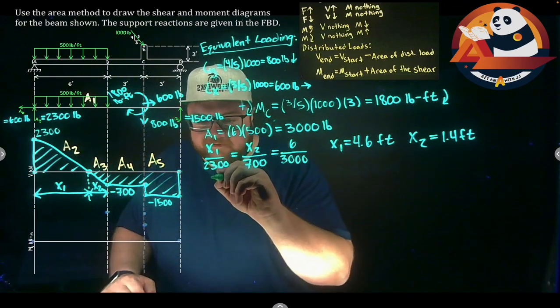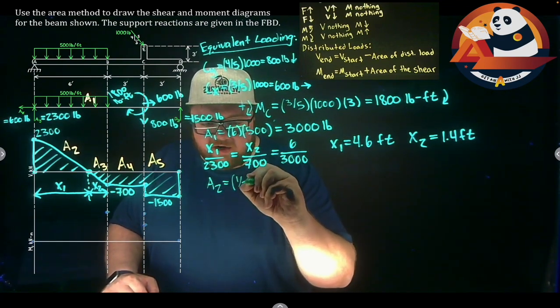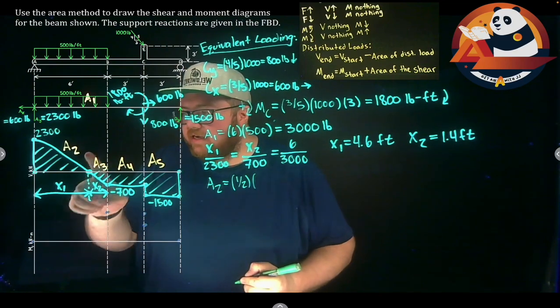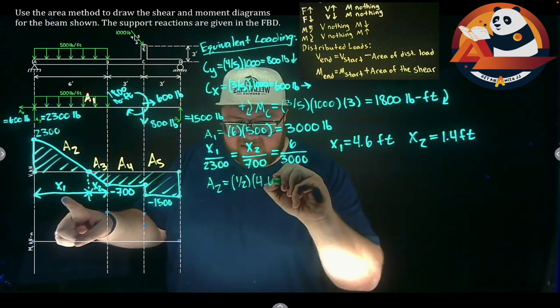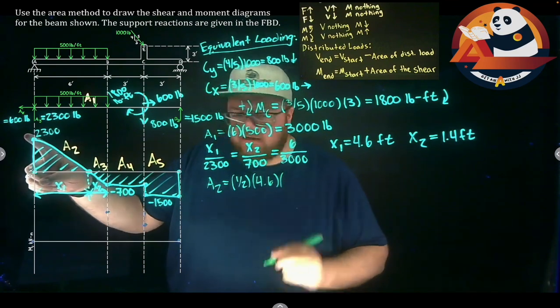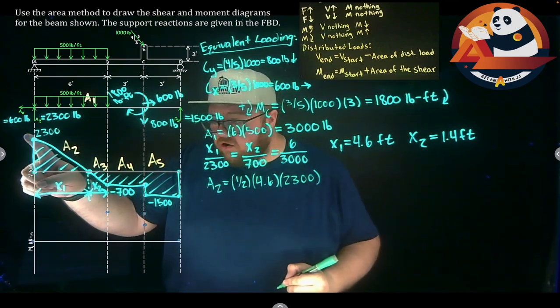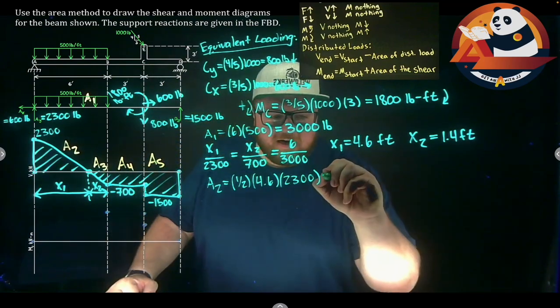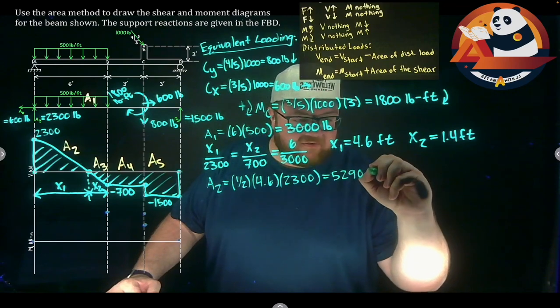Area 2 should be, well, the area of a triangle is 1/2 base times height. The base of this is x1, so 4.6 times our height, 2,300. So this area 2 is 5,290 pound-feet.